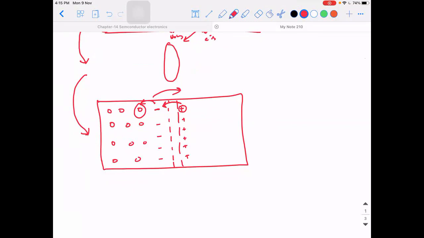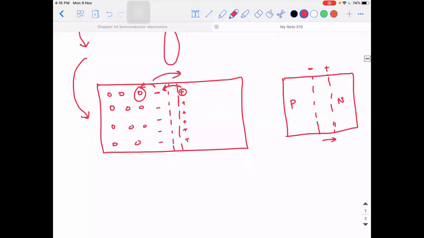So there will be a small barrier that is going to get created across the junction, where there will be a slight amount of negative charge on the P-type semiconductor, and a small amount of positive charge on the N-type semiconductor, and this barrier will have a small width, due to which the further diffusion process is going to stop.